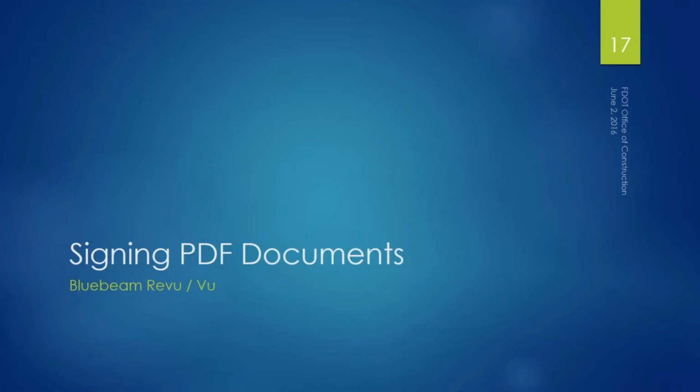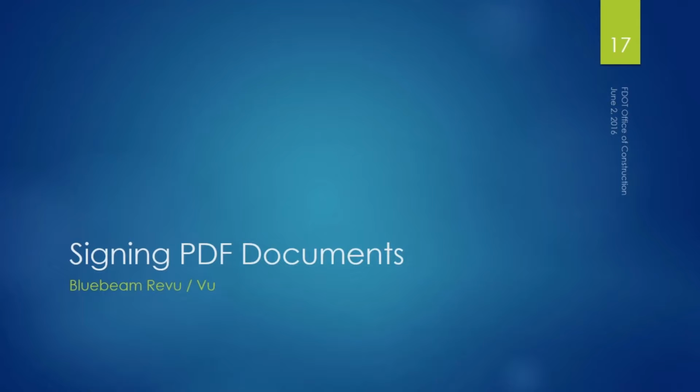Before we look at the process, let's cover a few important points about using Bluebeam. Bluebeam can be used for marking up and creating PDFs. However, we strongly recommend that you do not use it for signing PDFs. Bluebeam may be used to sign a form or a document with a single signature field, but beyond that it gets very complicated.